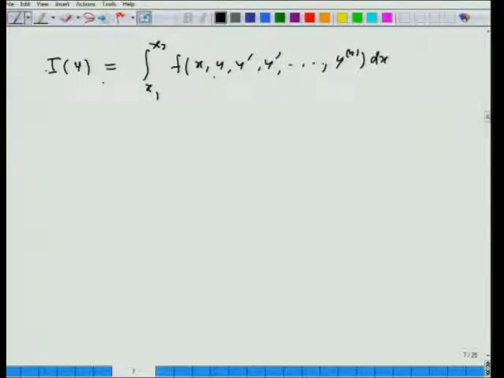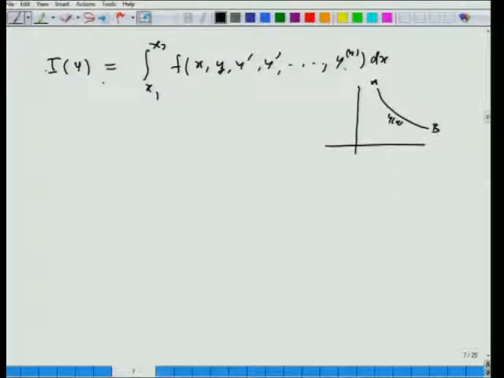So again here the curve y is expected to pass through those given points a and b. So this is y(x), and it has more smoothness now.